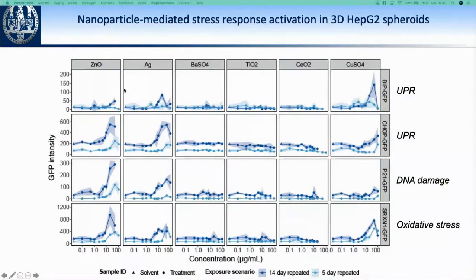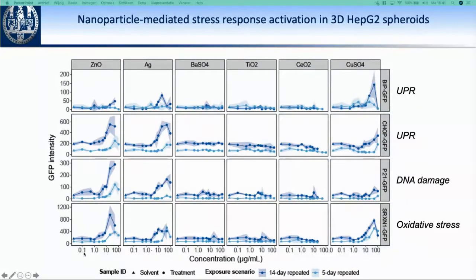And this you can then quantify and visualize within overview graphs, so you can see that there's a dose-dependent induction of these stress response reporters for the different nanoparticles, and that it's also time-dependent.